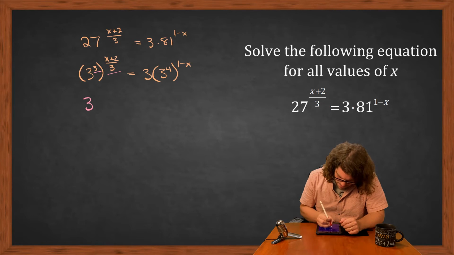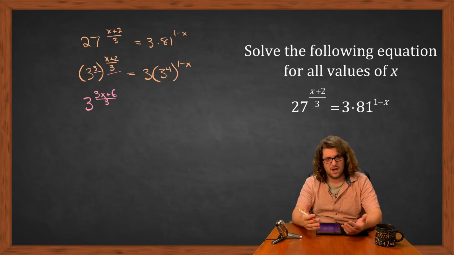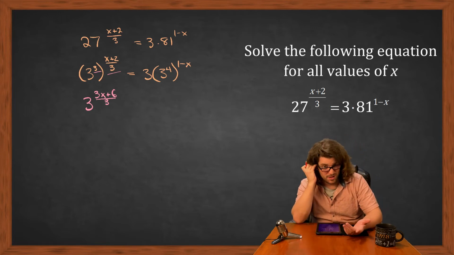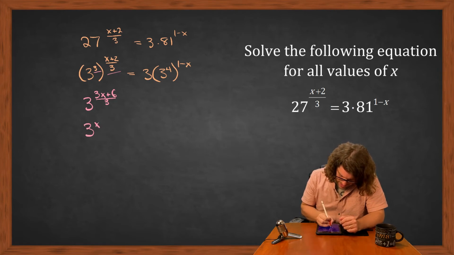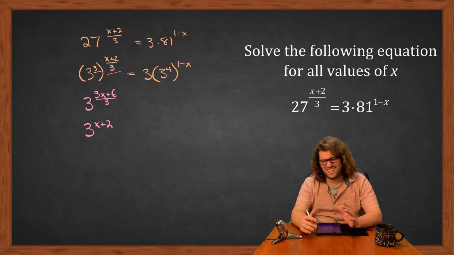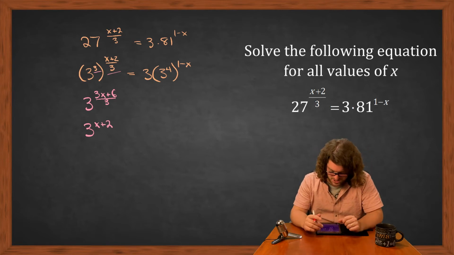So I have 3 to the 3x plus 6 over 3. Now, I did an oopsie there. I was multiplying by 3 and dividing by 3. I could have just canceled that. So on my next line, I should wind up with just x plus 2 as the exponent. I shouldn't have got sidetracked there.